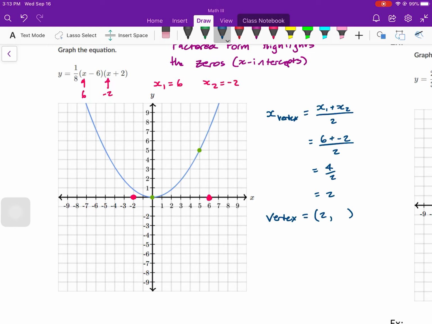Now, how do we come up with the y value? Well, y is 1/8 times x minus 6 times x plus 2. So I'm just going to plug that 2 into the x's.